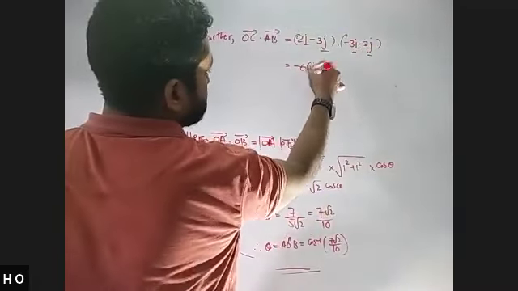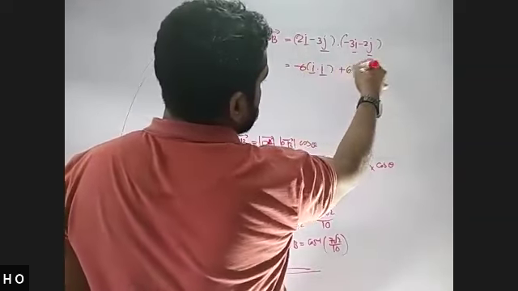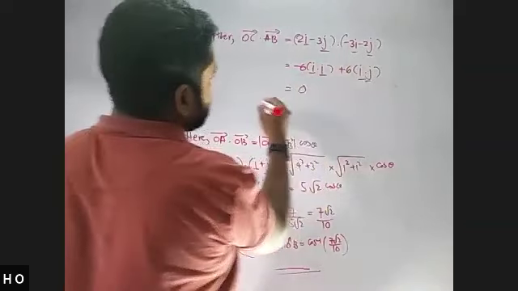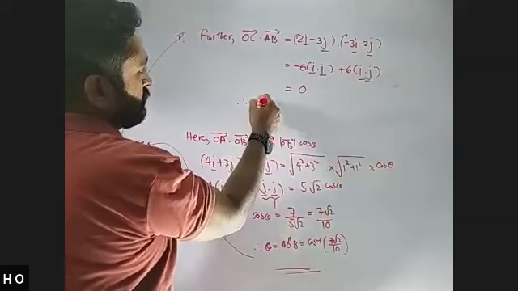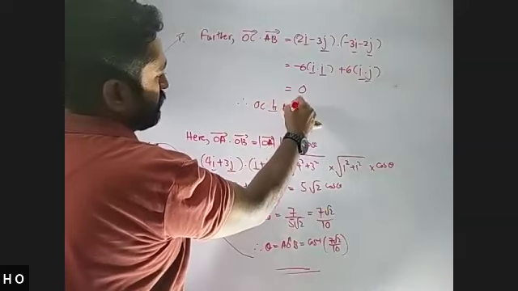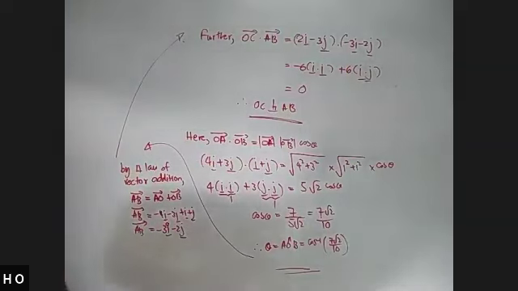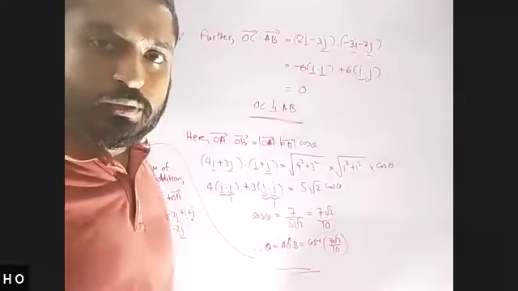They are minus 6 i dot i, i dot j and j dot i are 0, plus 6 j dot j. So that is going to be 0. Therefore, you can see OC is perpendicular to AB. That is it for the answer. Okay? Please ask if you have any doubt.